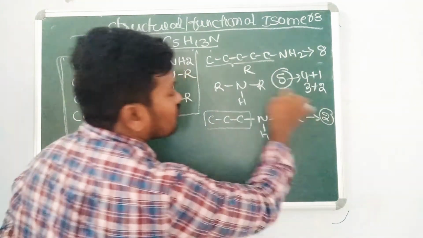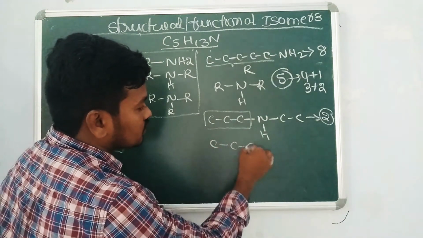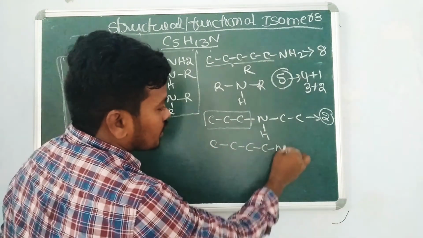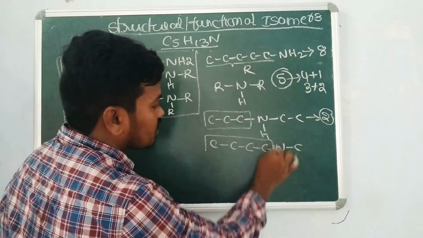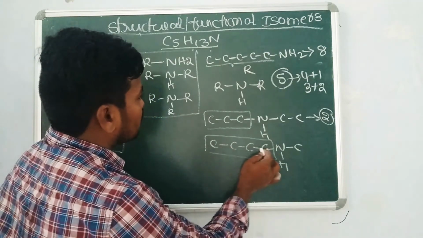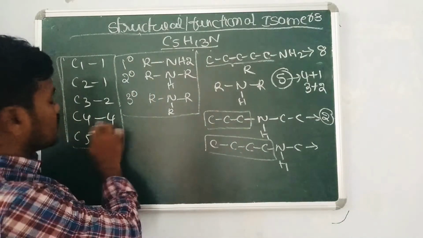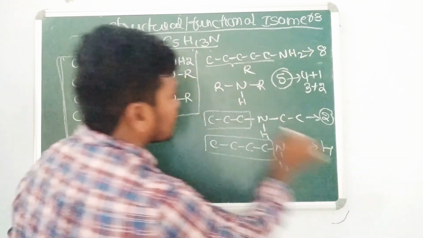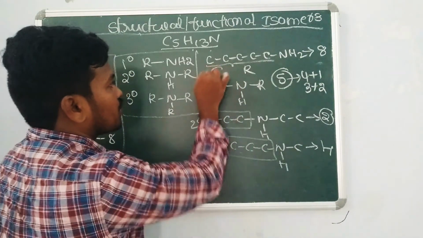Can we write the 5 carbons like this also? 4 plus 1, with carbons 1, 2, 3, 4, then NH and 1. The highest number of carbons is 4, so 4 are possible here. So for the secondary amine the total is 6.